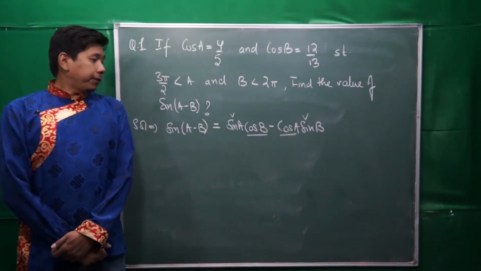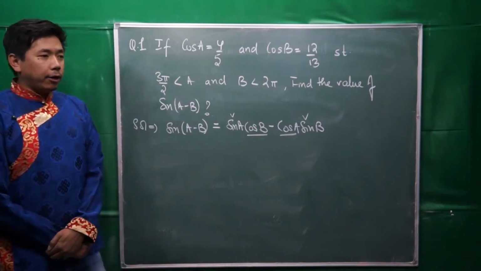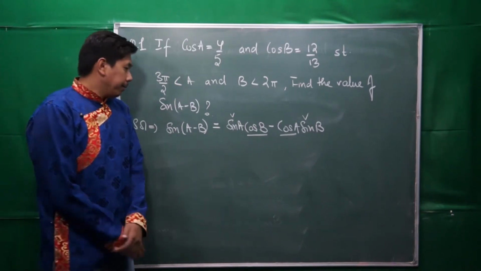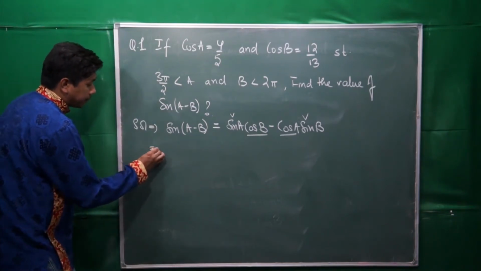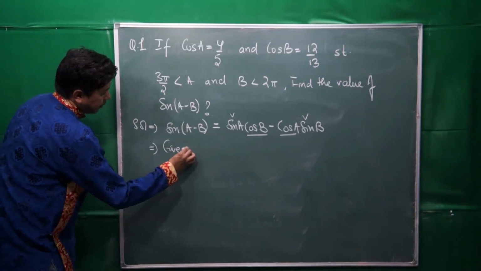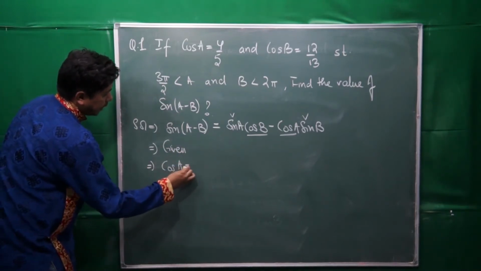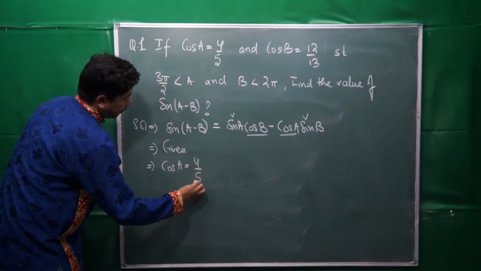To find the values of sine A and sine B, we are going to use a slight trigonometric formula, where what is given is the value of cos A, which is 4 by 5.